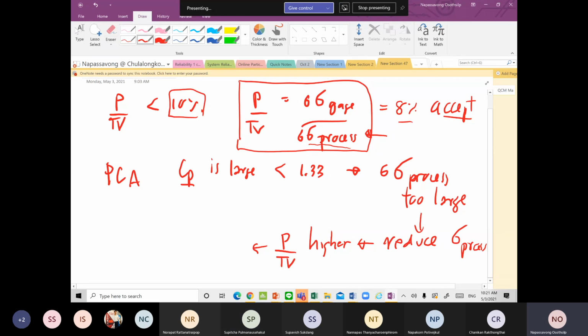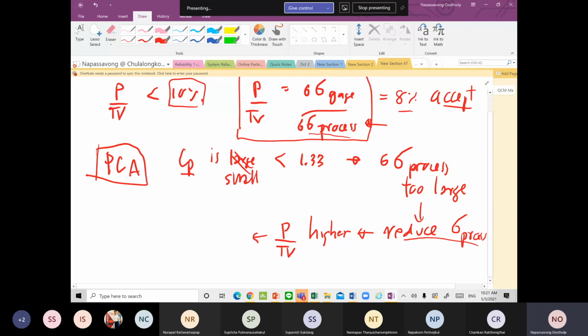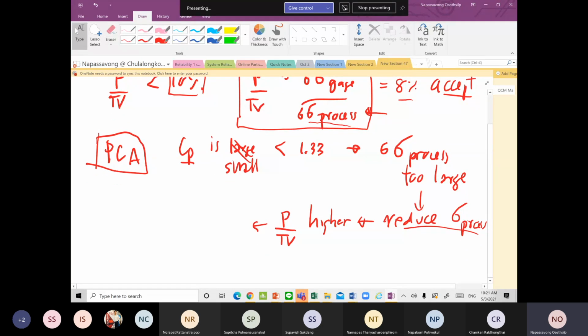But now, when we do PCA, we find that CP is too small. So we will improve the process by reducing the variation of the process. And then Supicha has told us that it will cause the P to TV ratio to change to a higher percentage.